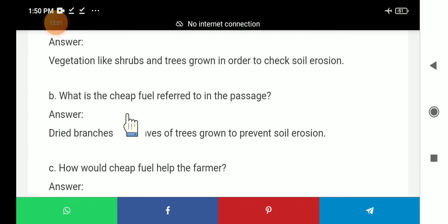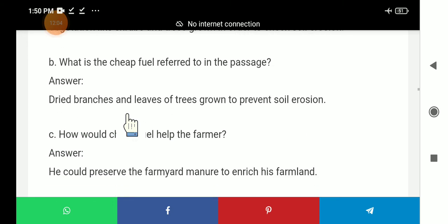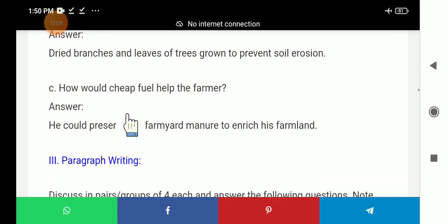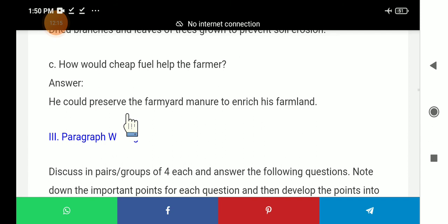What is the chief fuel referred to in the passage? Dried branches and leaves of trees grown to prevent soil erosion. So they can be considered the chief fuel here. How would chief fuel help the farmer? Answer: he could preserve the farmyard manure to enrich his farmland.